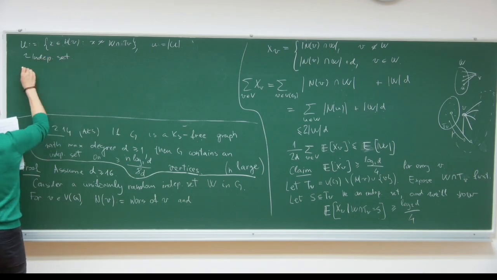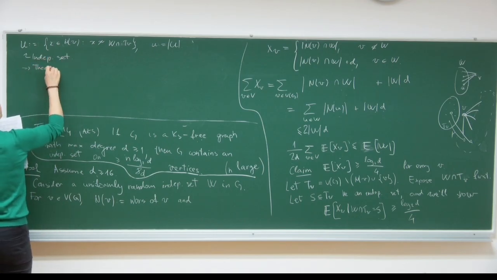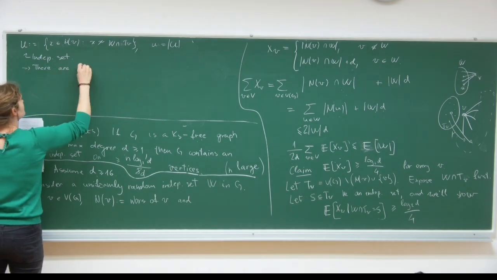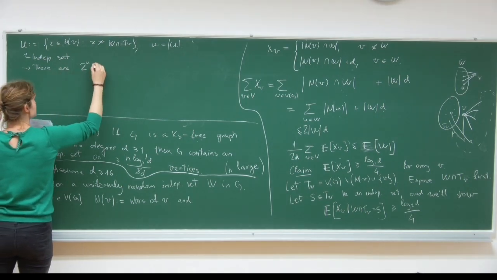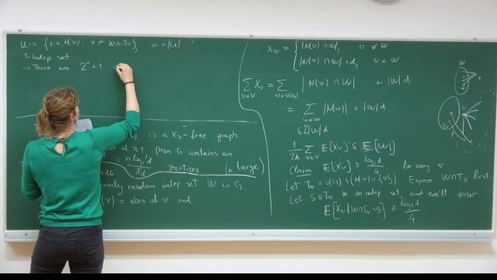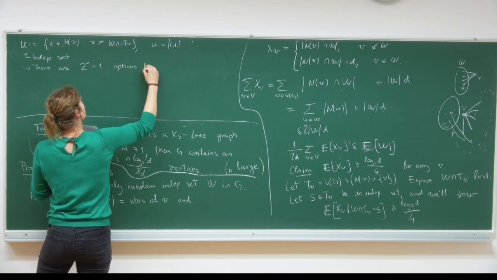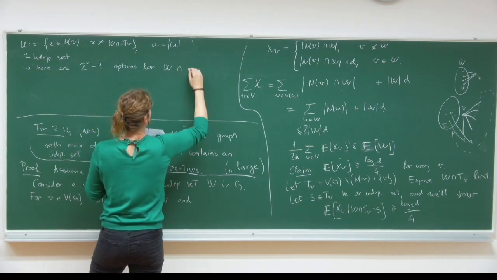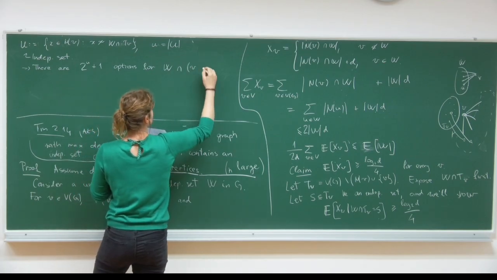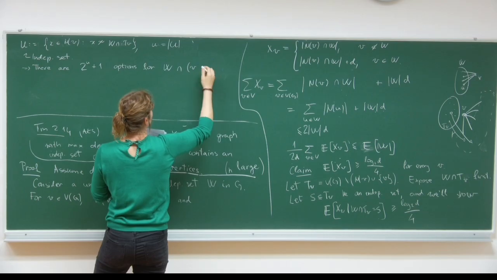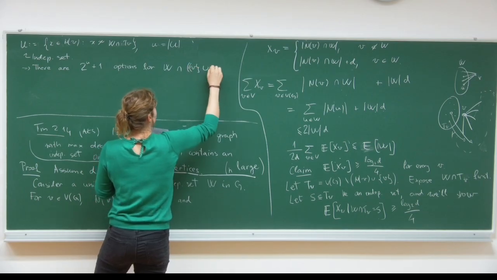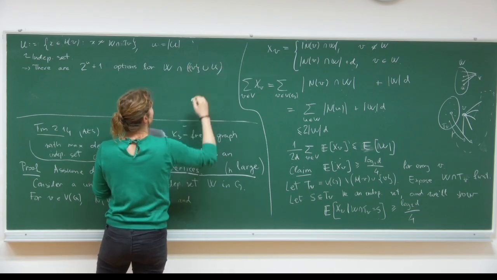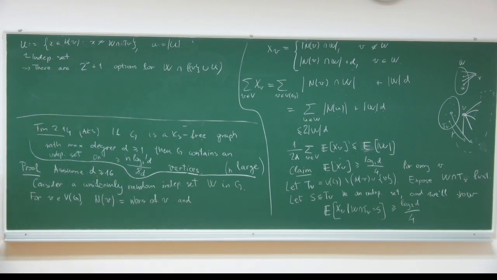And hence, there are 2 to the little u plus 1 options for how W intersects v and its neighbors, or more specifically, v and U. Again, 2 to the u stands for each subset of U, and 1 for the option that v is included.